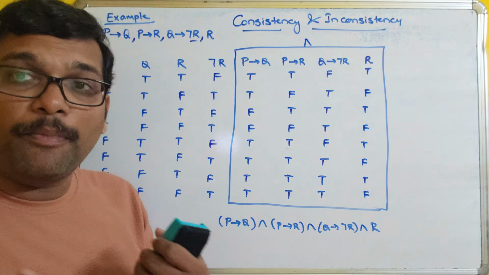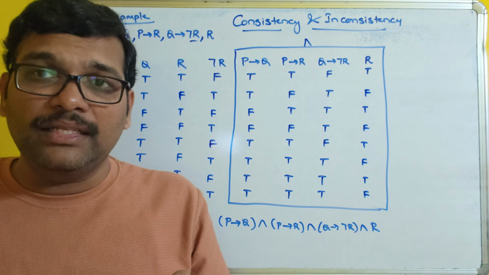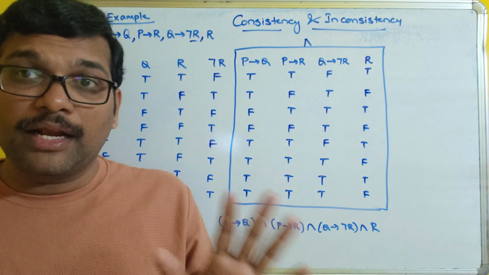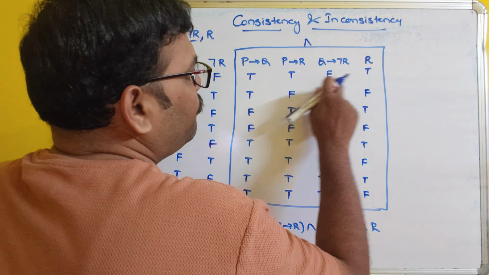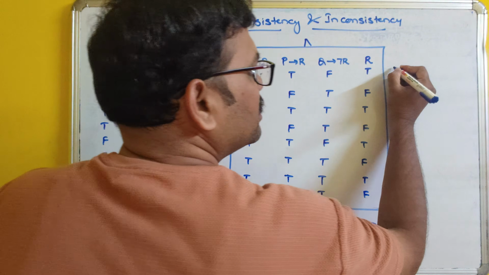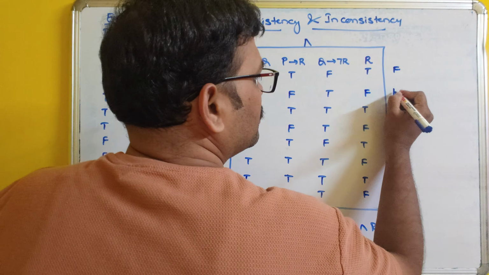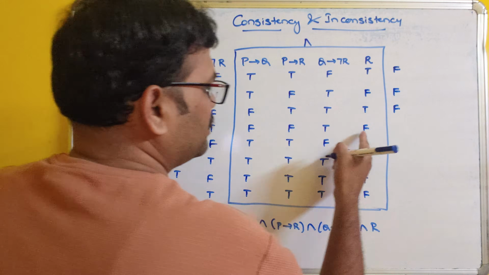Okay. So what is the property of conjunction? If any one of the inputs is false, automatically it will be false. If all the inputs are true, then only it will be true. So you can check. In all four, we are having false, so obviously the result will be false. Here also false, one false is there, so it will be false.